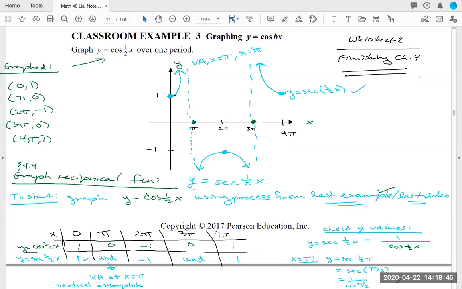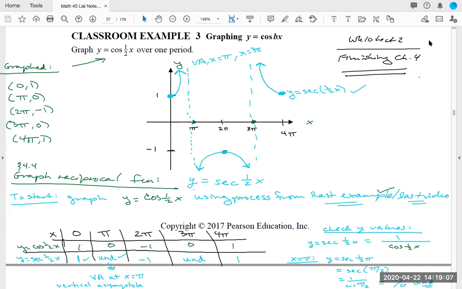Cosine of pi over 2 is 0, which is undefined. So that's the undefined we get here. So again, still go back and plug in stuff. Remember your reciprocal functions, and you should be okay with this.